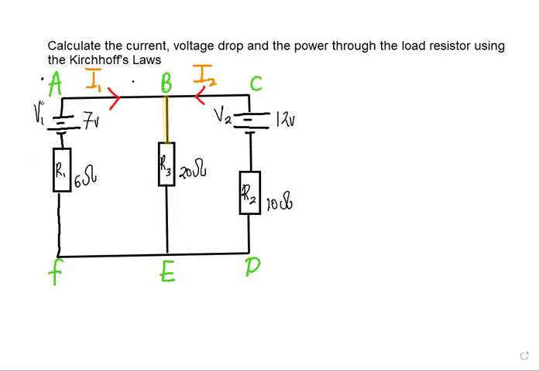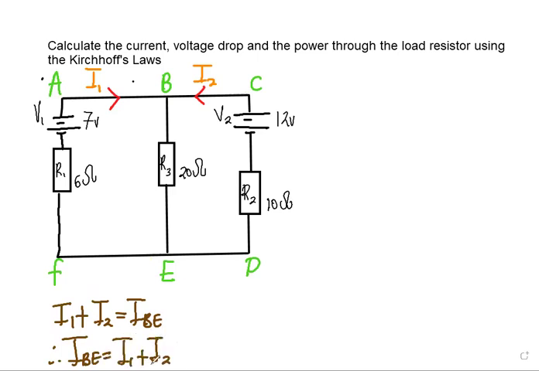For us to find the current at BE, we can say current I1 plus, when we add it with current I2, it gives you the current at BE. So we can write: therefore the current at BE is equal to I1 plus I2.